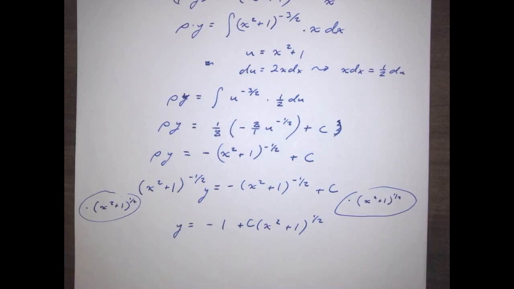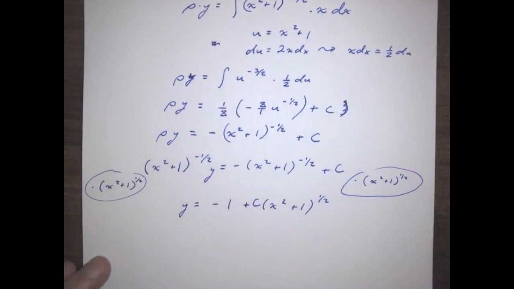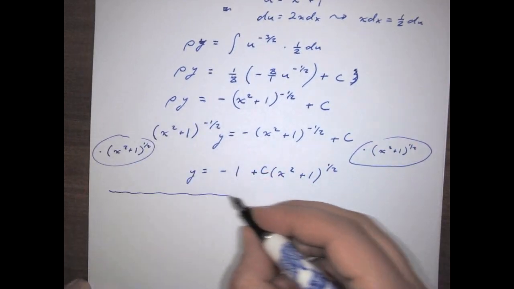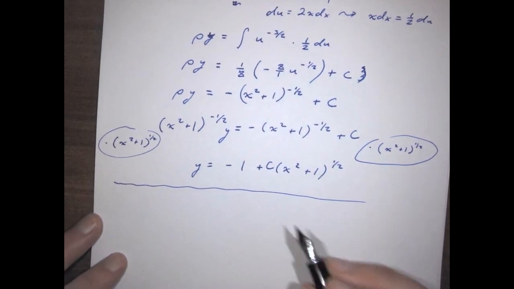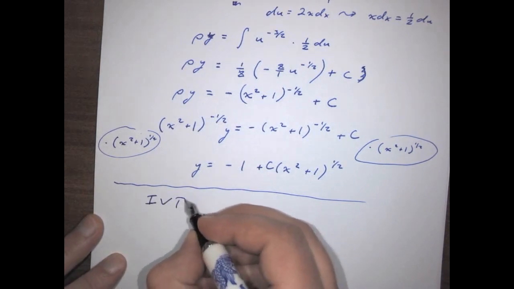Okay, so there's that. Now these families of differential equations still have constants in them, and the way to find a specific value of the constant for them is to use the initial condition if one is given to you. So initial value problems.